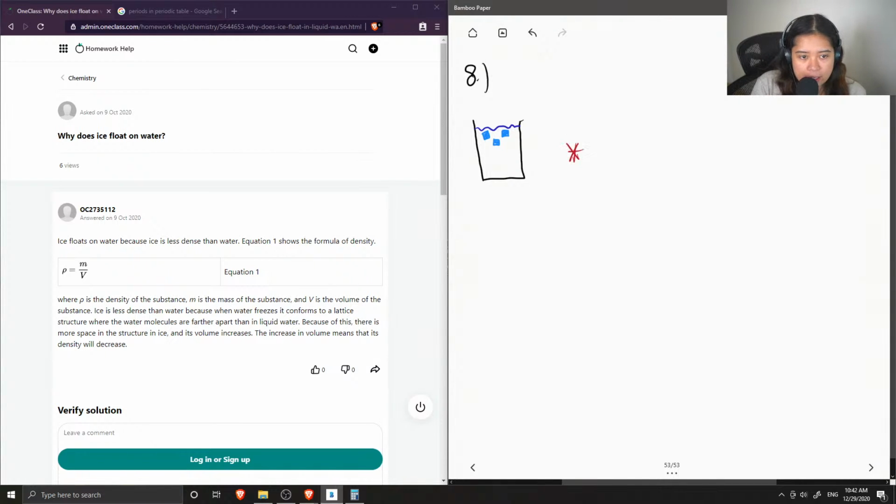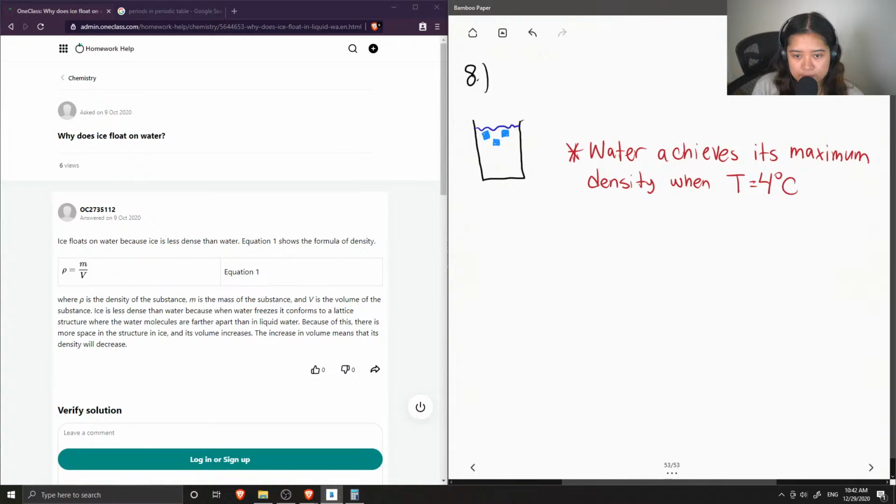So this actually has a reason, and this is because water achieves its maximum density when the temperature is around 4 degrees Celsius.